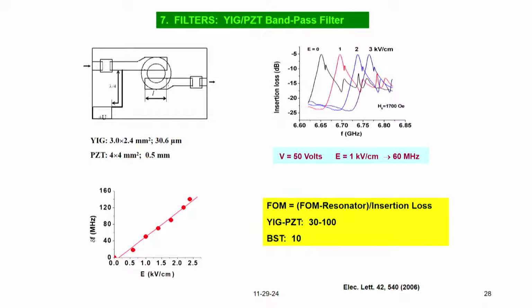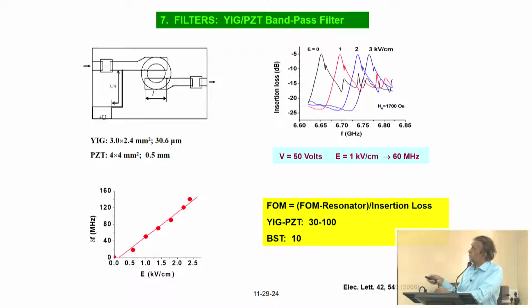Okay, this is what I call a band pass filter. In this device, based on YIG PZT, there are two microstrips, one at the input, one at the output. The sample is placed in such a way that it lies across these two microstrips. So, what happens is when you excite this with microwave power, there will not be any power transmitted to the output until you reach ferromagnetic resonance in YIG.